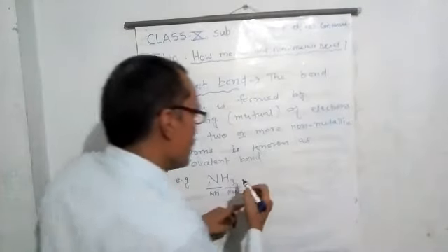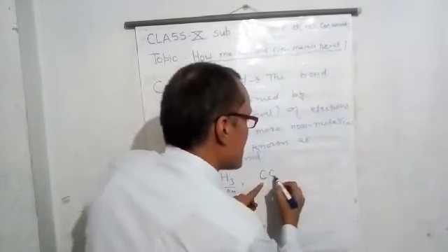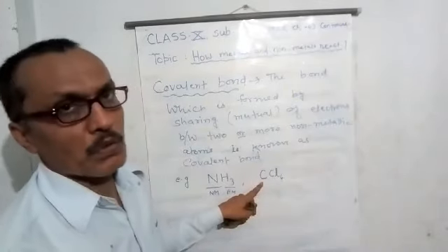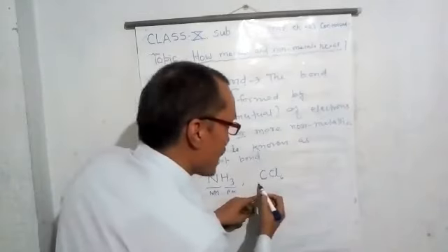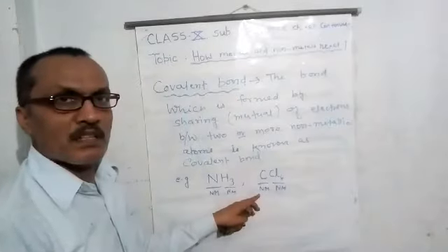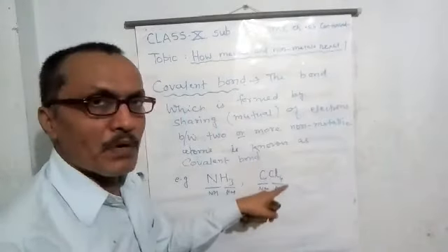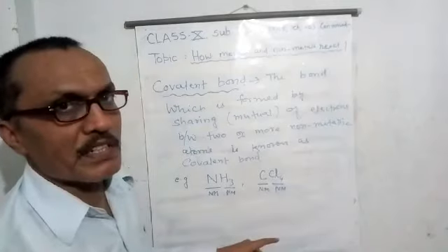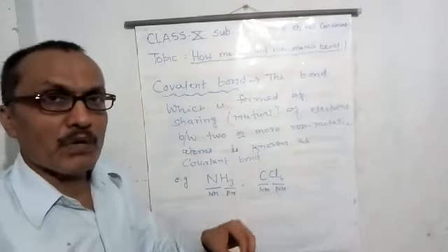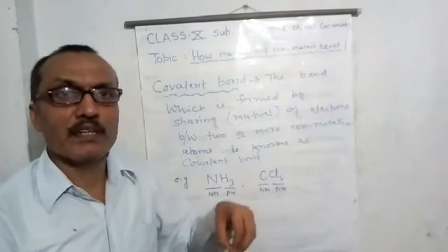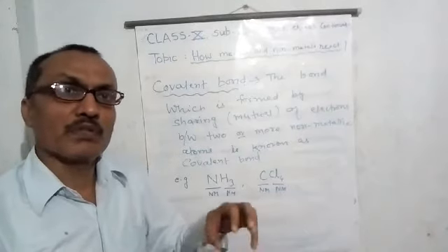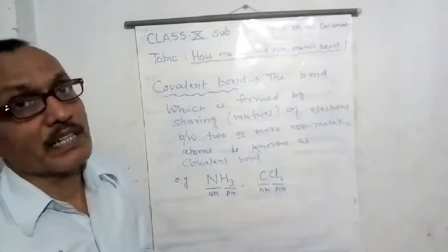Similarly, another example, CCl4, which is read as carbon tetrachloride. Carbon is a nonmetal, chlorine is a nonmetal. So also in this compound the bond is covalent. So keep in mind, covalent bond exists between compounds made from two or more non-metallic atoms.